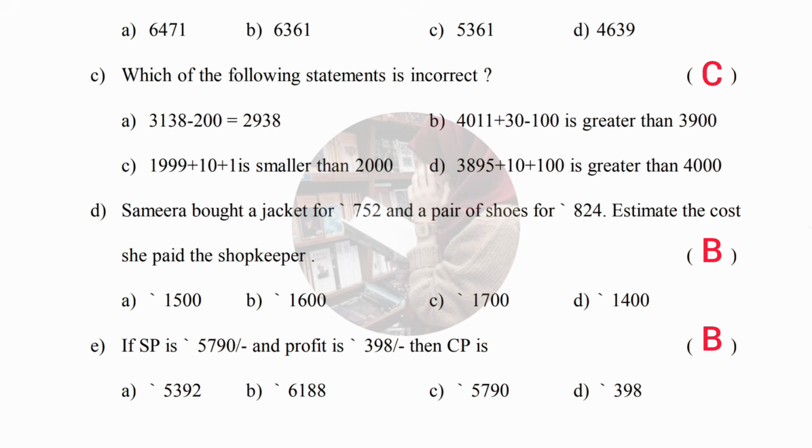Next fifth one, if SP is 5790 and profit is 398, then cost price is, answer is B, 6188. We know the formula of CP, which is SP plus profit. So we'll get the answer as 6188.